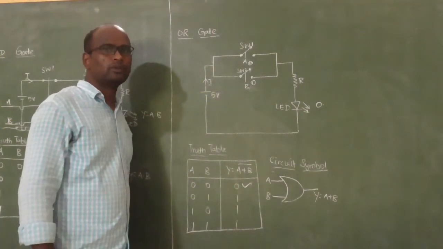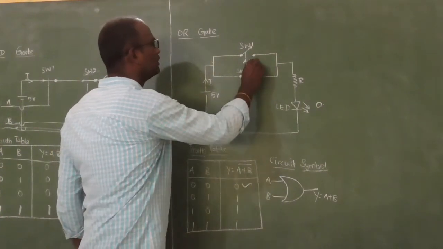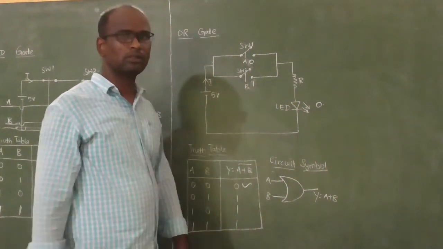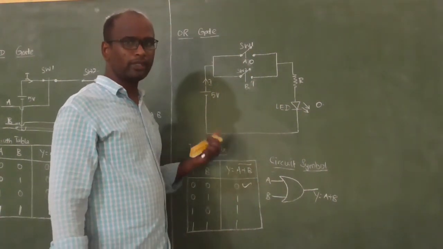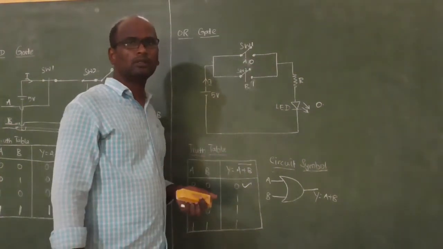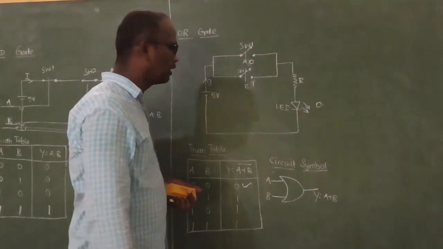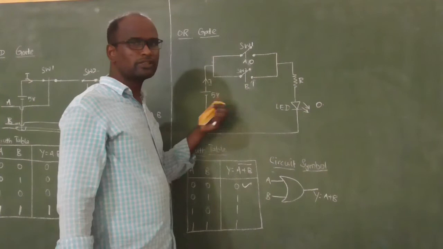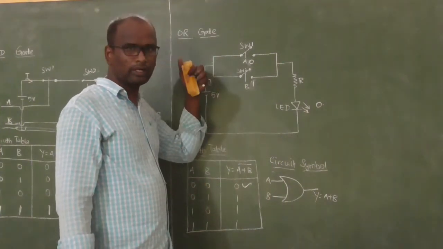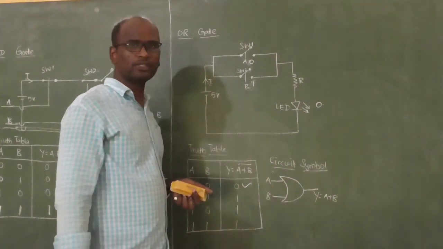Okay. So next we are applying 0, 1. A is applied 0 and B is applied 1. I already told you how to apply logic 0 and logic 1. That means if we connect a battery of any volt, it may be considered as logical 1, and if we did not connect any battery, it is considered as logic 0.